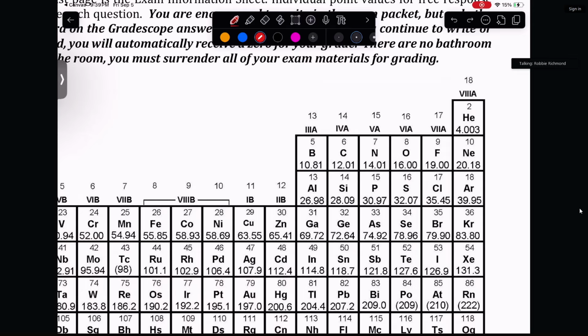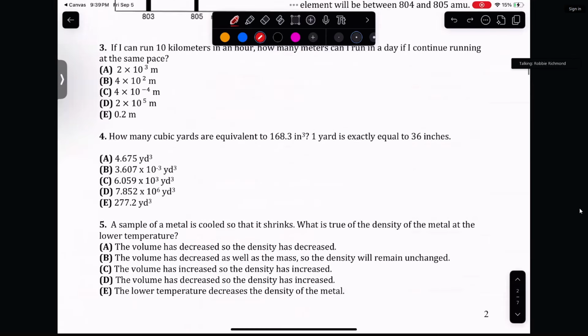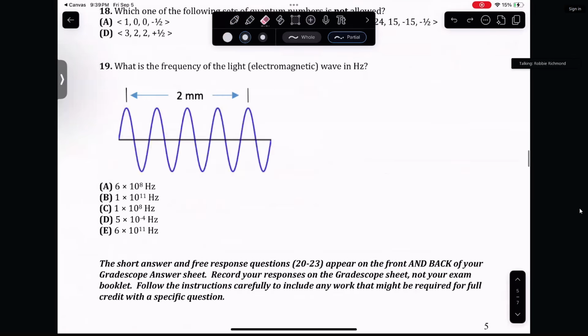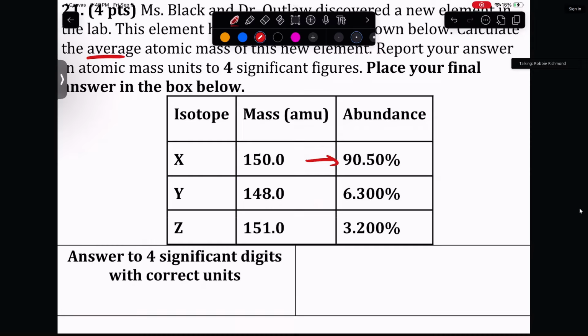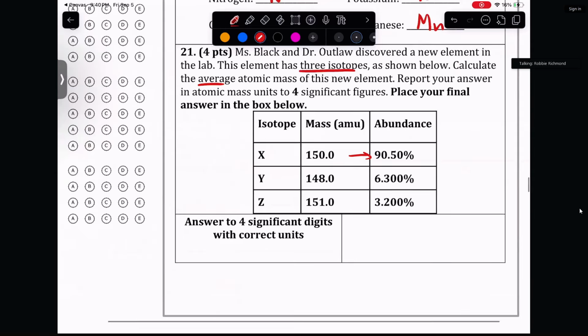So using that principle, if we have an element that has 3 isotopes, all we need to do is multiply the mass number of each isotope times its percent abundance, and then add all those numbers together, which cover 100% of that sample, and answer to 4 sig figs, and we should get the right answer. Make sure to report your answer in atomic mass units.